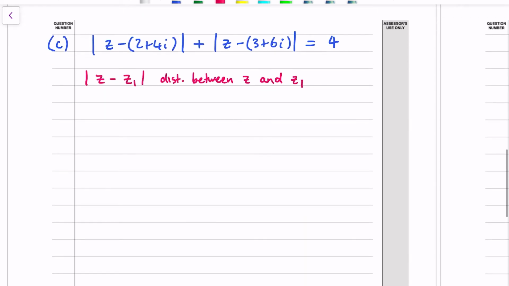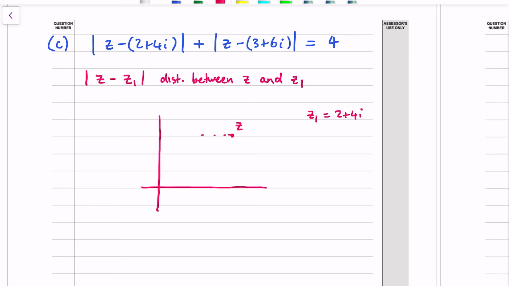And easy to explain that, if I took, in the Argand diagram, suppose I took a complex number here, z, and I took away z1. Let's make z1 equal to 2 plus 4i. If I took away 2 plus 4i from this complex number z, I'm going to take away 2 off the real part, and I'm going to take away 4 off the imaginary part.